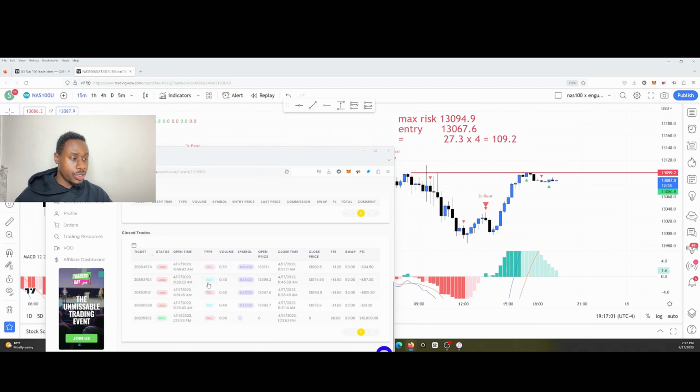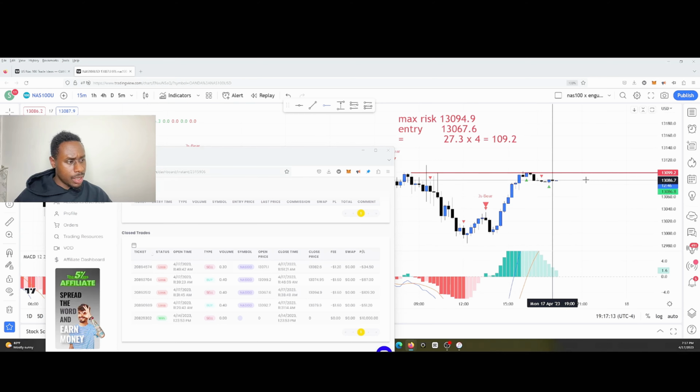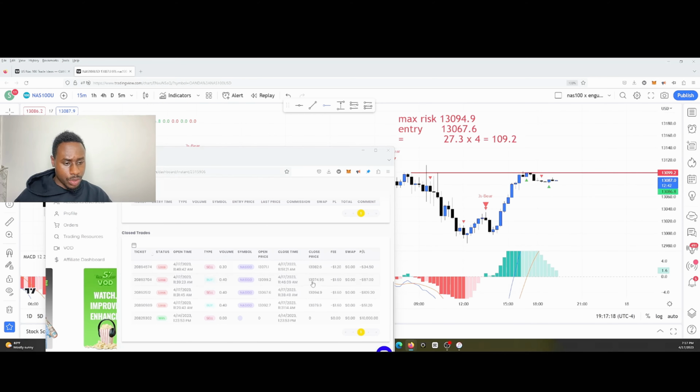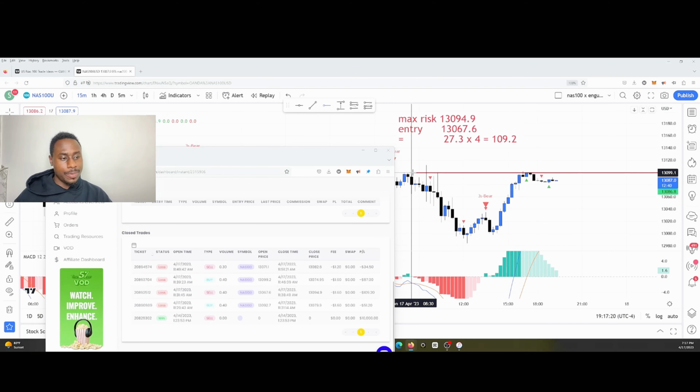So the third trade now, and as you can see, I'm still entering with these big position sizes. The third trade was at 13,099.2, and then I got stopped out, and this is with a little slippage, I suppose, so I'll just let it be. I won't complain about that.